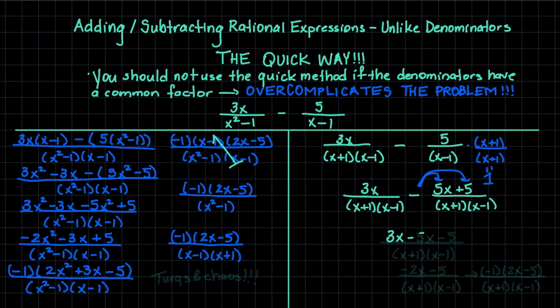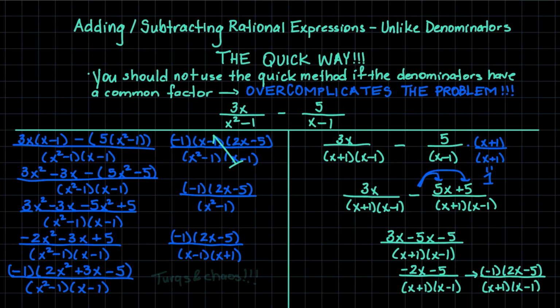So 3x minus 5x minus 5, all over x plus 1, x minus 1, which is just negative 2x minus 5 over x plus 1, x minus 1. We don't like to leave a leading term negative, so we'll go ahead and factor out that negative 1. And we are finished.